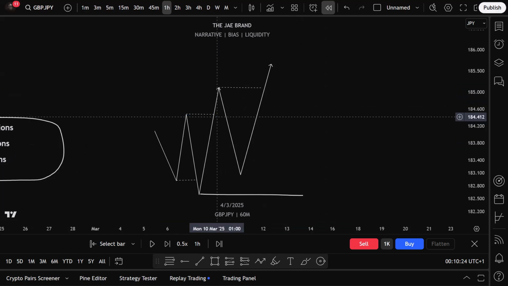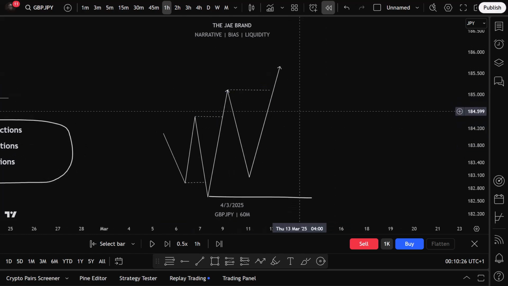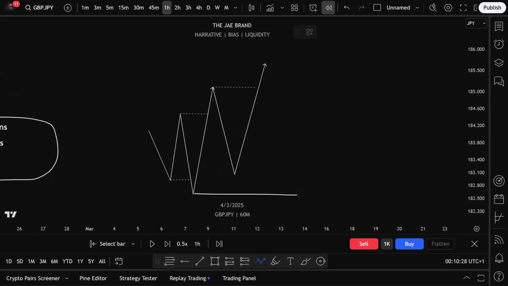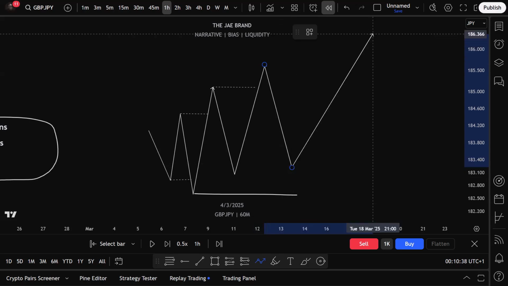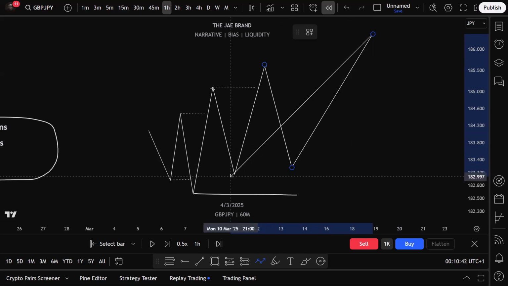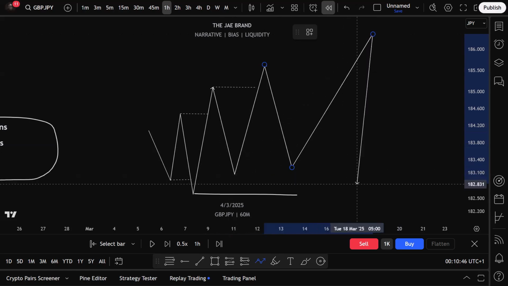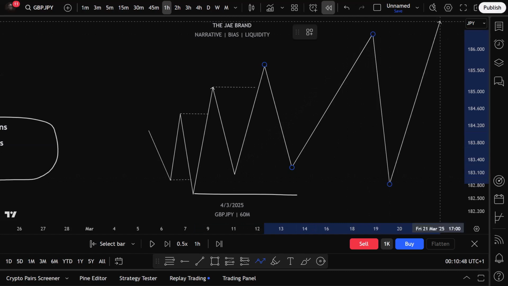Whenever you see a break of structure to the upside or to the downside, always expect a retracement back into the discount area of that swing structure and expect a continuation. Definitely, when we talk about structural liquidity, I will explain why this low will be taken before continuing to the upside.